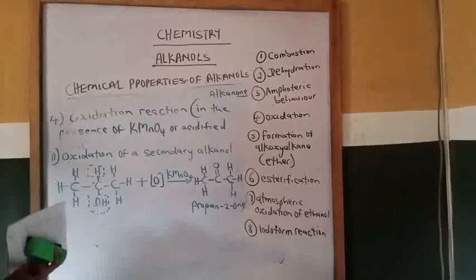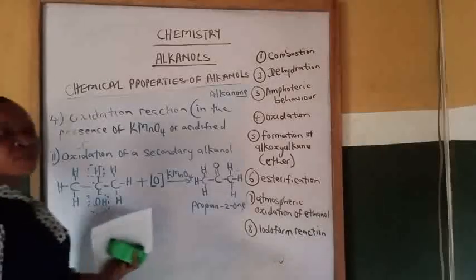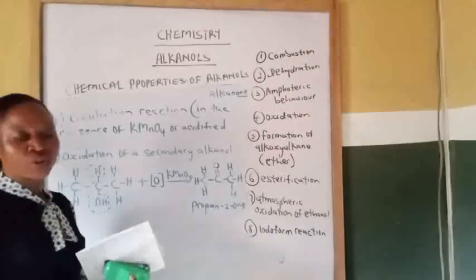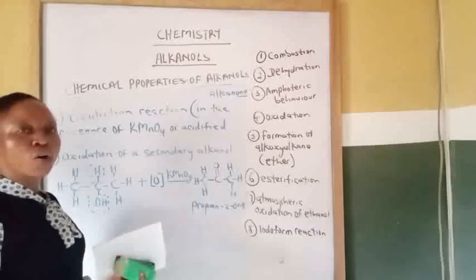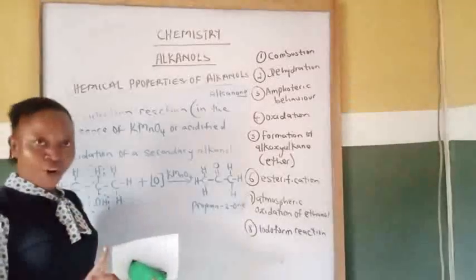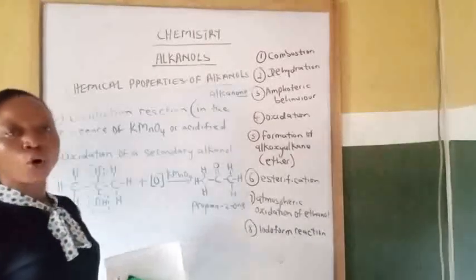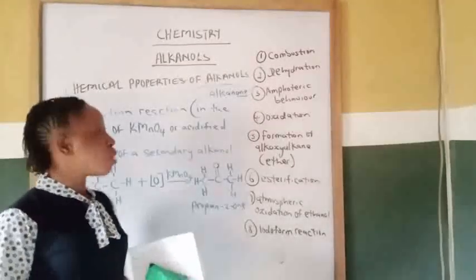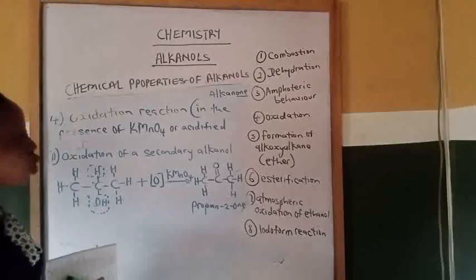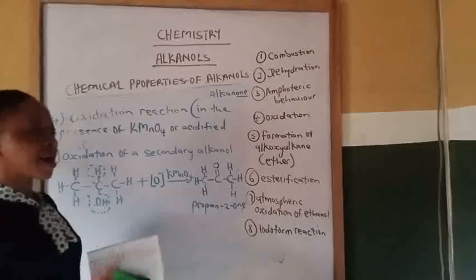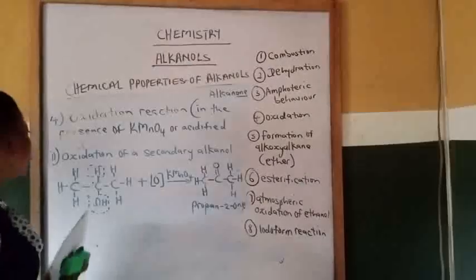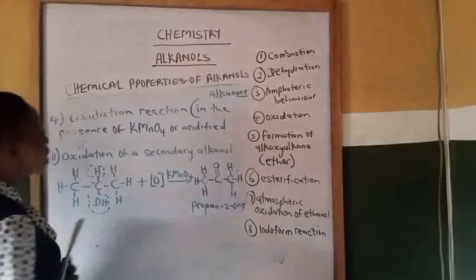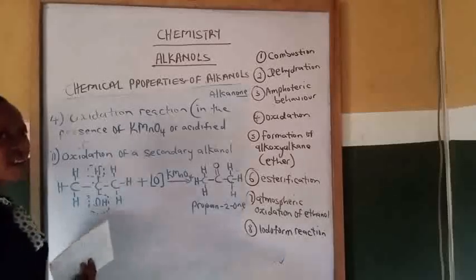So a secondary alkanol will oxidize to an alkanone. Don't forget, a primary alkanol will oxidize to alkanoic acid, while a secondary alkanol will oxidize to alkanone. Take note of that. Then let's look at tertiary alkanol.